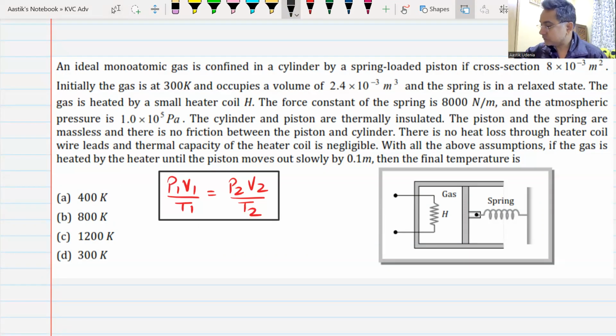Yes, sir. The initial pressure is only created by the atmospheric pressure because the spring is in its relaxed state. Yes or no? Initial volume is given. Initial temperature is given. Yes or no?